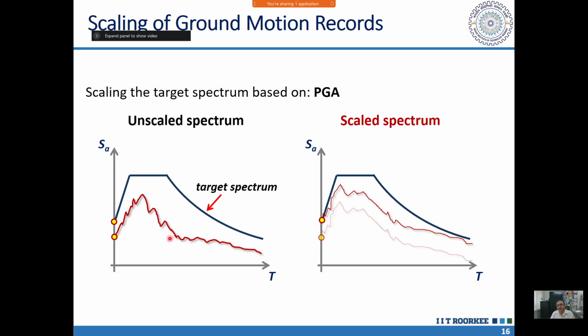Even if I have selected ground motions very carefully, taking the magnitude and distance as I am expecting at my site, and also the site conditions, which type of site, what is the thickness of the layers of soils deposited at my site, and what is the stiffness of those sites. Even if I consider all those, it is possible that it will not match with my target spectrum, the design spectrum which I am having.